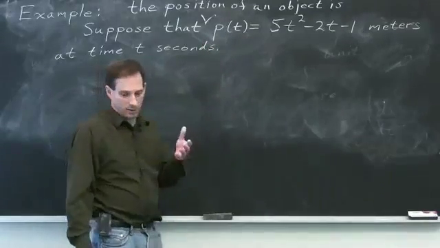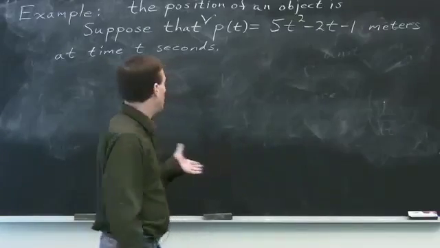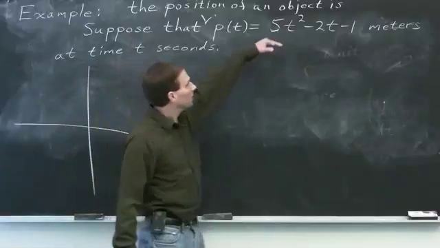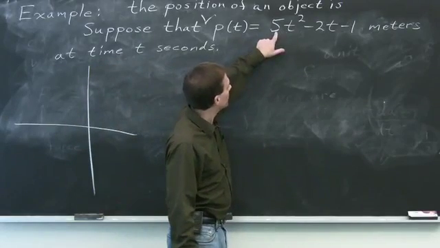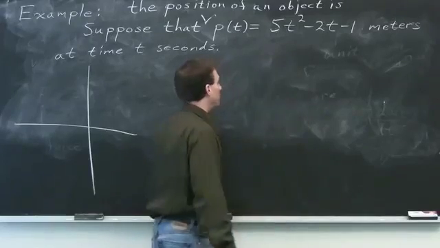All right, I want to find the first, second, and third derivatives of this. The graph, you should know what the graph of this looks like. This is a quadratic polynomial. It's got a positive coefficient here, so the graph is a parabola that curves upward.